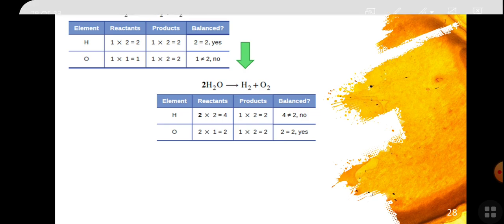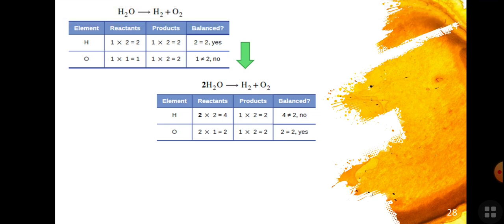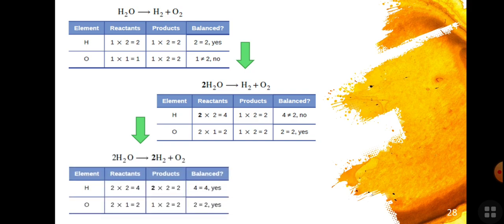So the next step is to put another coefficient in front of the H2 on the product side. If we do that, the number of atoms for hydrogen and oxygen from the reactant side and the product side will be equal, or balanced.